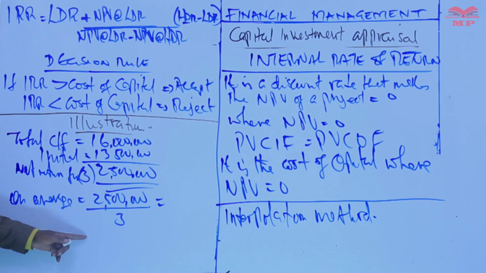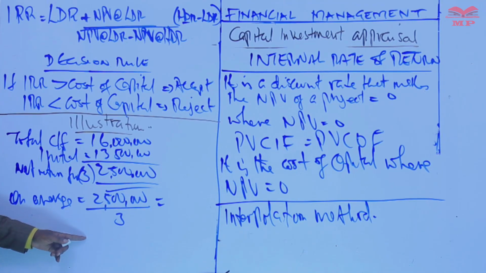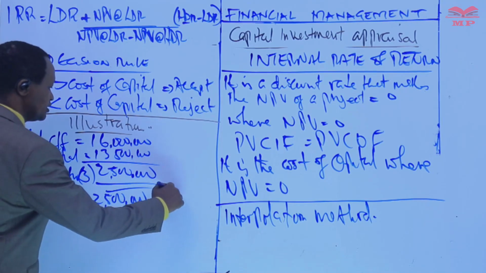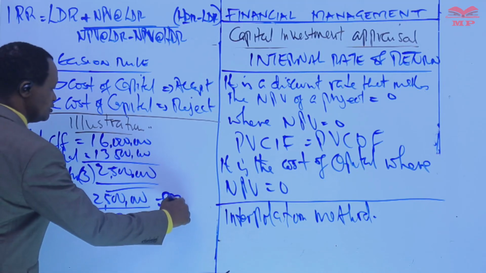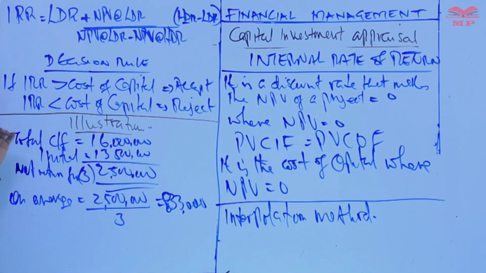The average per year. 2.5 million divided by 3 is 833. So this is 833 thousand per year on average.